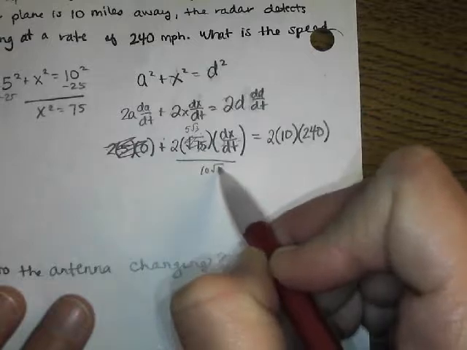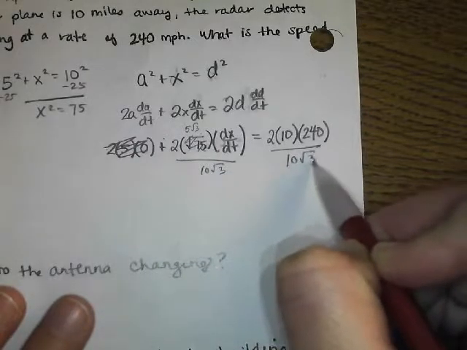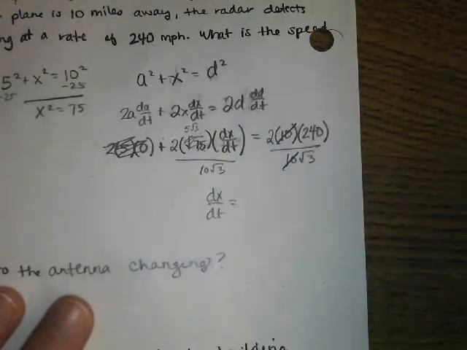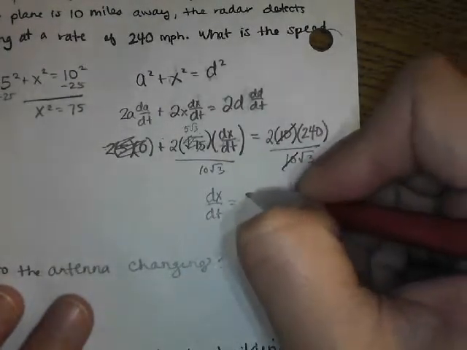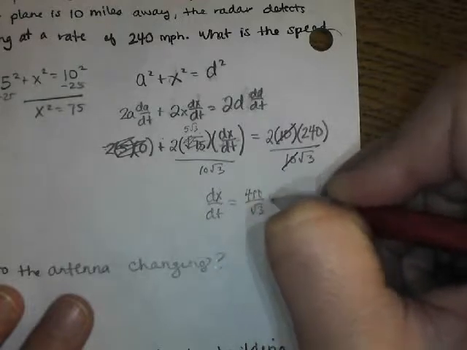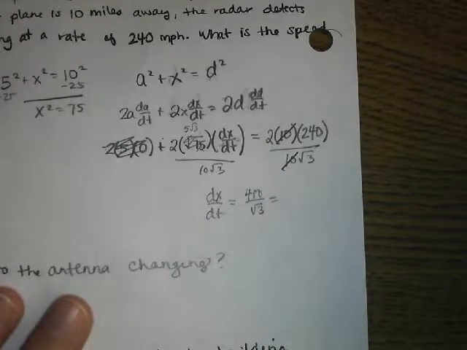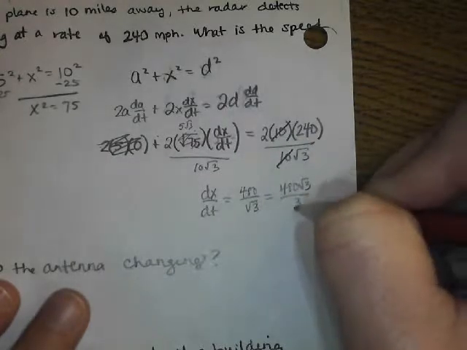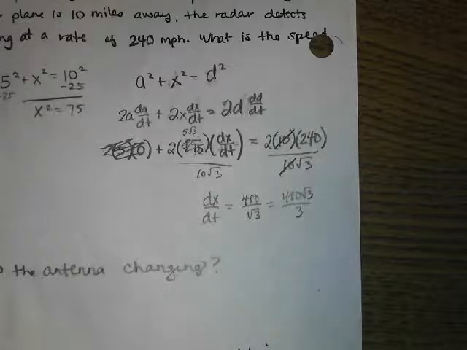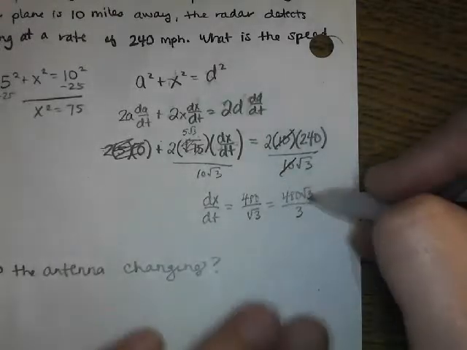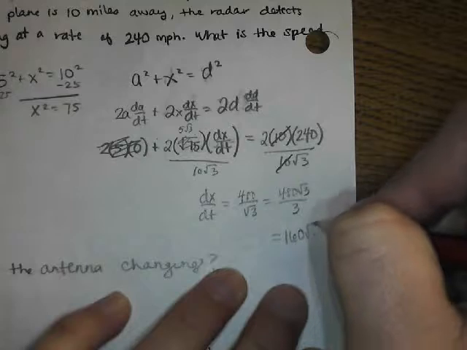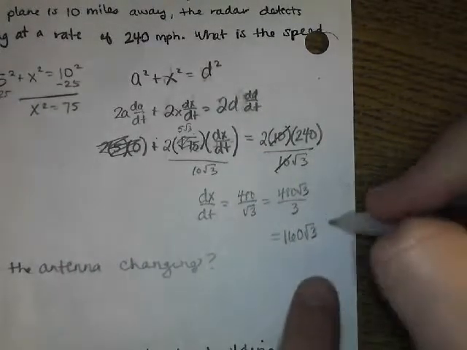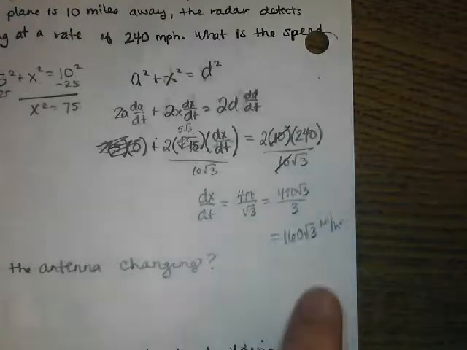And dx dt, the 10s will cancel, will be 480 over root 3. If I rationalize, that's going to be 480 root 3 over 3. And 480 divided by 3 is 160, so that'll just be 160 root 3. And that's miles per hour. Okay?